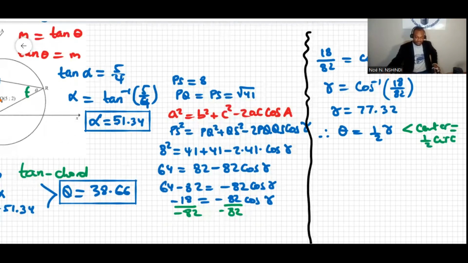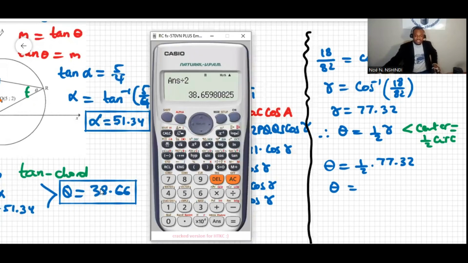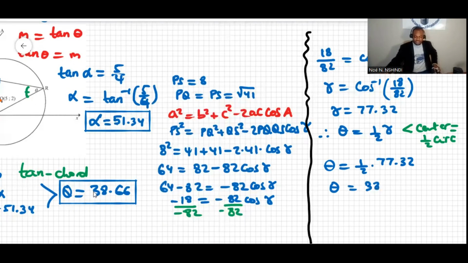Then theta equals a half times 77.32. If we divide this by 2, because times a half is divided by 2, we get 38.67, exactly what we got over there, 38.66, I mean.